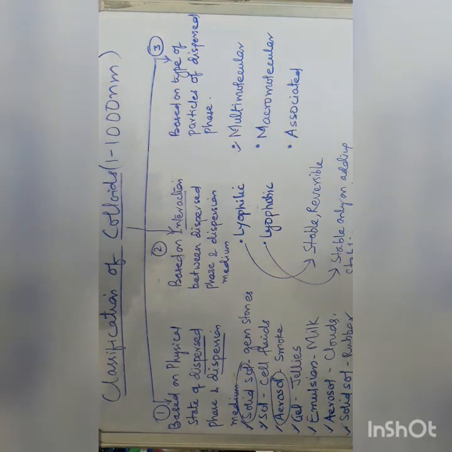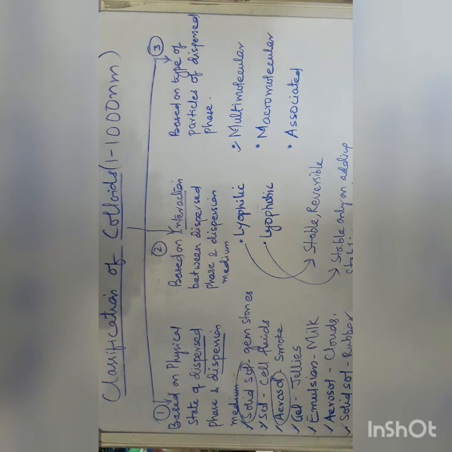Multi, as the term indicates, means many. So, in multimolecular colloid, large number of small atoms or molecules, they aggregate together and they come in the colloidal range, that is between 1 to 1000 nanometer. So initially they are not in the colloidal range, their size is less than 1 nanometer.